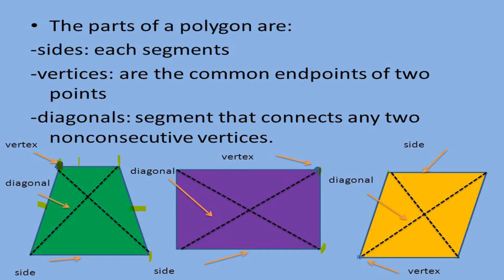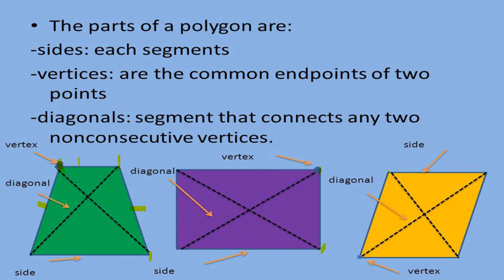So this is one vertex, this is the next vertex, and the third vertex is here. But we should not connect these first two consecutive vertices. We have to connect non-consecutive vertices. If you join non-consecutive vertices, you will get a diagonal.